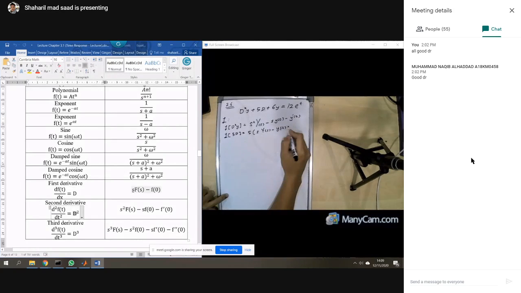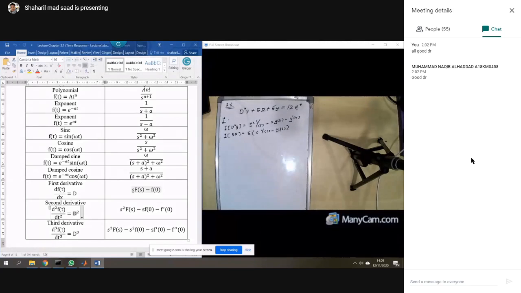And then the next one, when you Laplace 6y, it will become 6Y(s). And when you Laplace 12e^t, it becomes 12 over s minus 1.